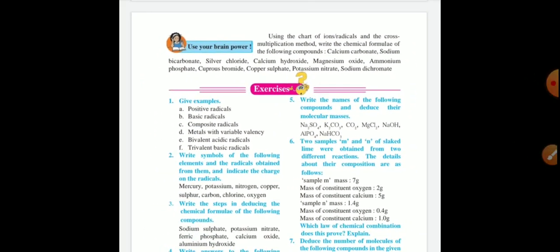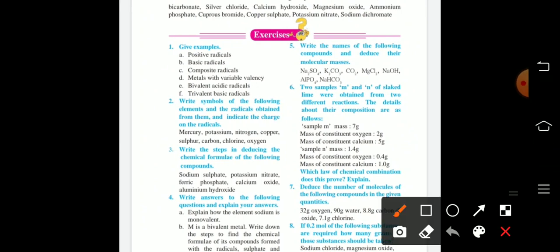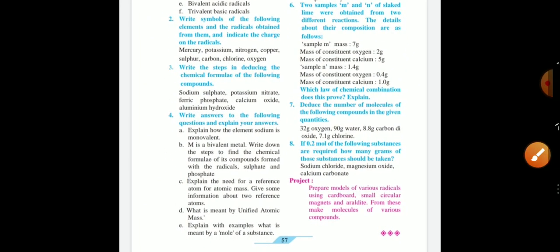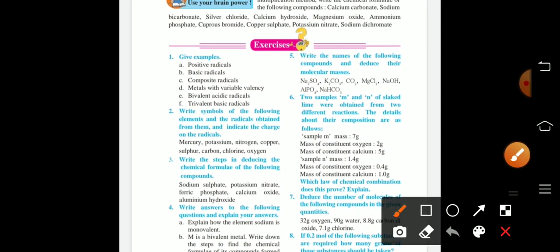Now in this exercise, write question number 1. How many options are given? Write all options. Then question number 2, question number 3, then question number 4 is omitted. Question number 5, we already completed this answer in the previous lecture.